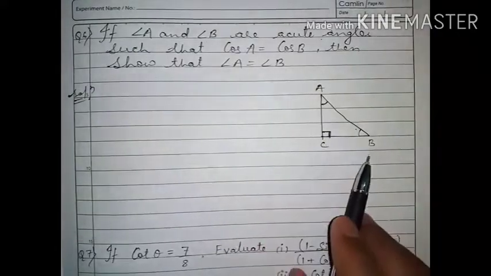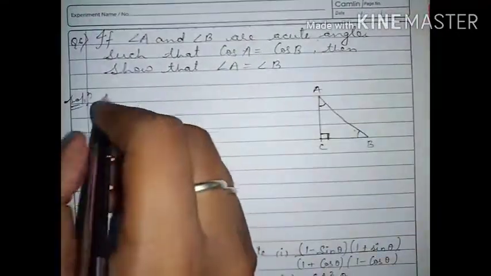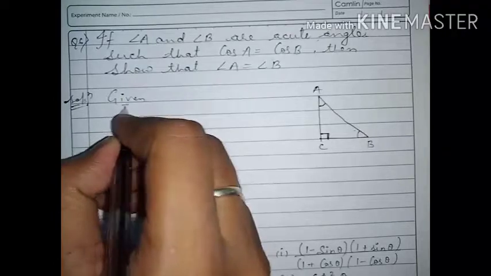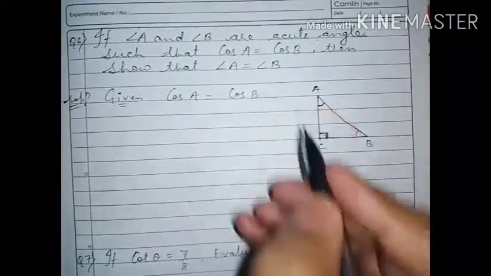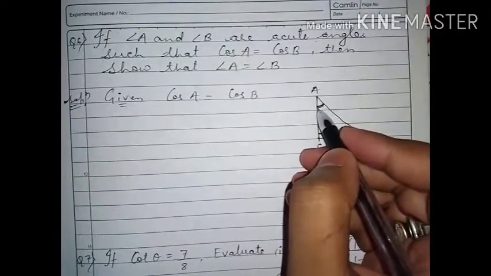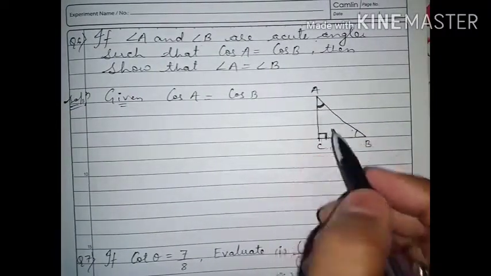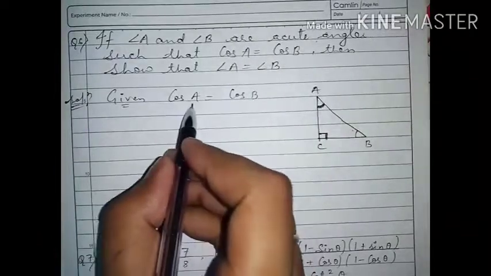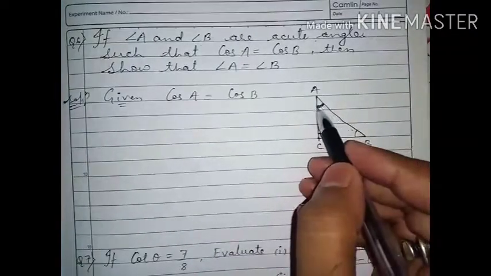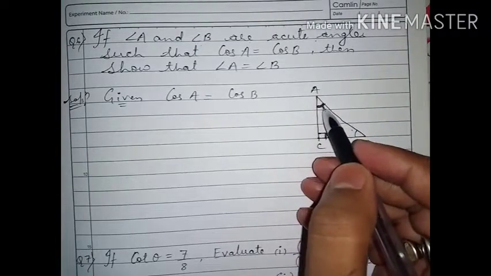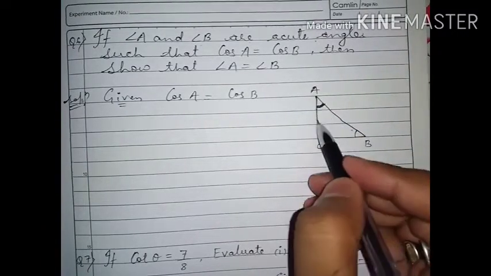Now it is given that cos A is equal to cos B. Cos A is what? Cos theta is always b by h. With respect to this angle, the base is AC.